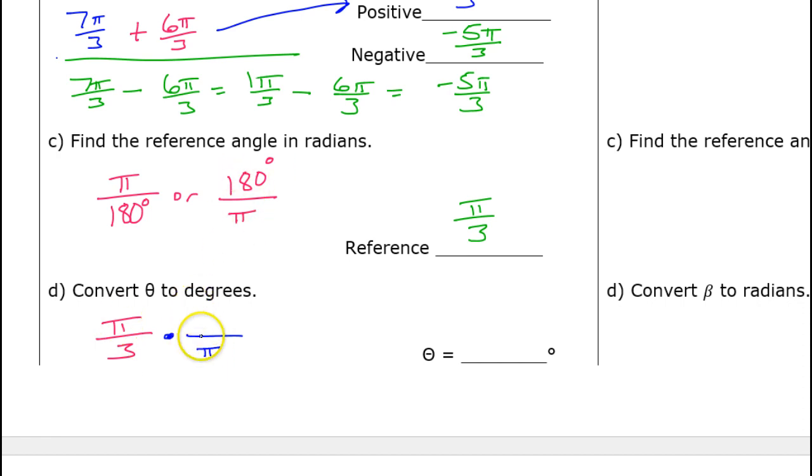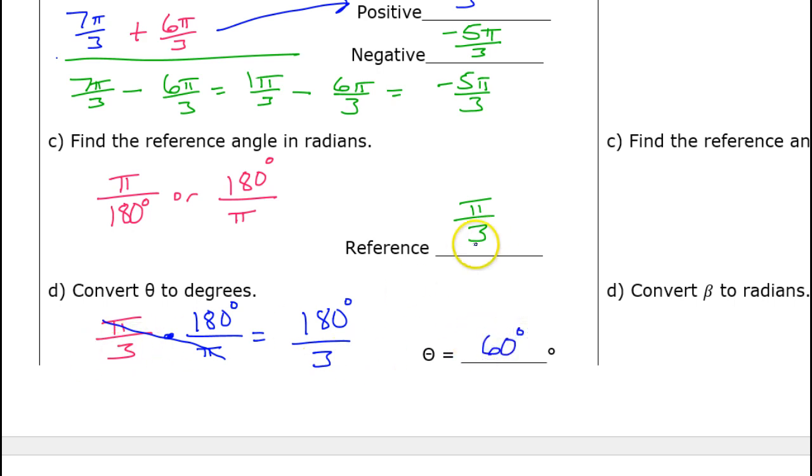So I'm going to use this second version, 180 degrees over pi. That way these pi's will cancel each other out, and that just leaves 180 degrees divided by 3. And 18 divided by 3 is 6. So this is the same thing as 60 degrees.